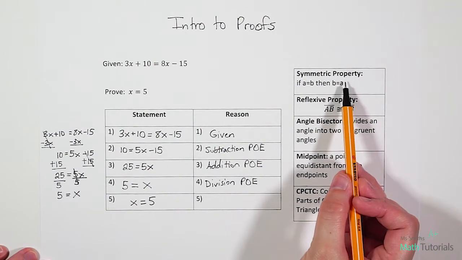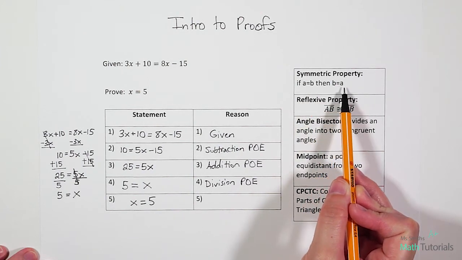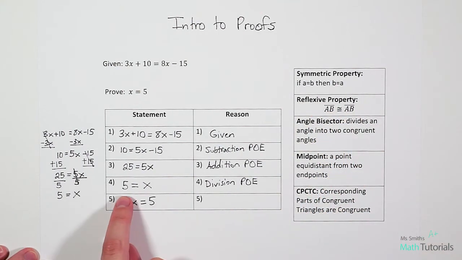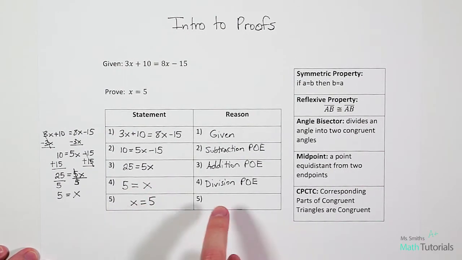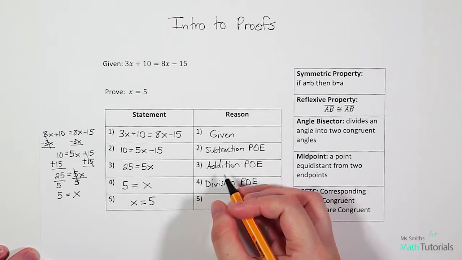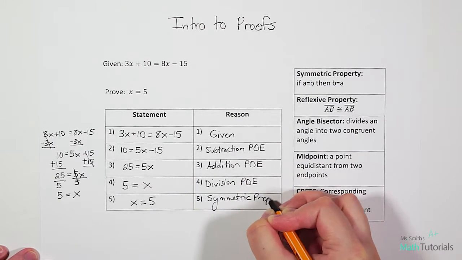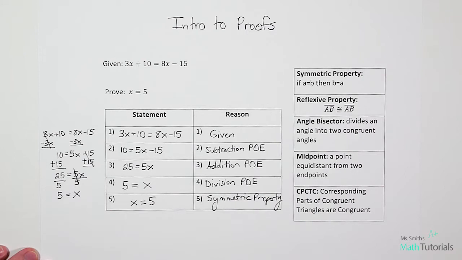Notice the symmetric property is if A equals B, then B equals A. And it just shows that we can say 5 equals x, or we can say x equals 5, and they are equivalent to each other. For our reasoning of how we can jump from 4 to 5 is the symmetric property. All right, and there is our proof.